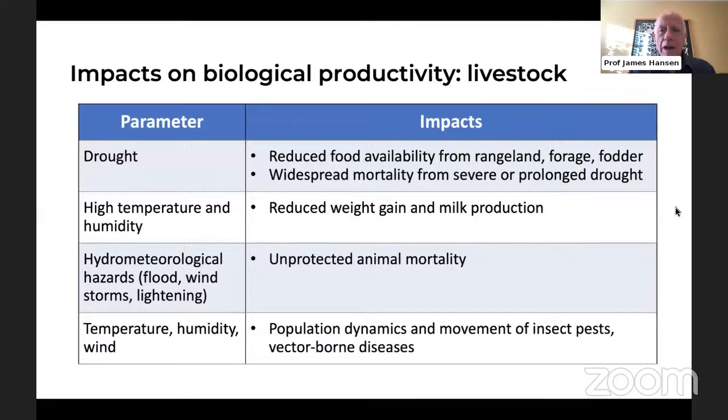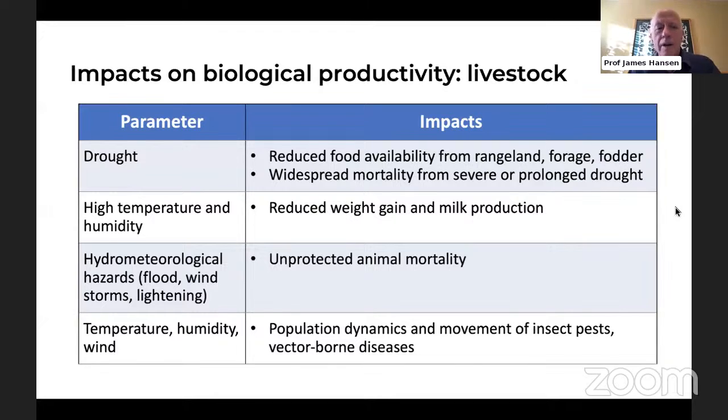If we have pastoralism, and in pastoralist communities, if a severe or prolonged drought reduces the availability of the supply of food through rangelands, so that they can no longer support the animal density, then there have been cases of very widespread livestock mortality, and the loss of herd can cause a great deal of suffering to pastoralist communities.